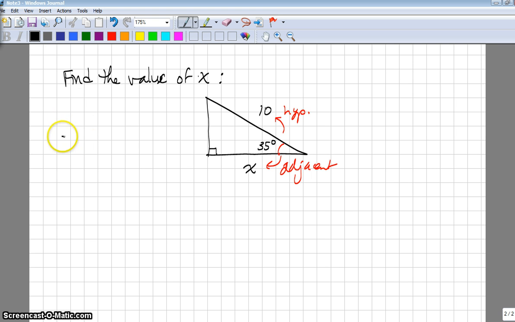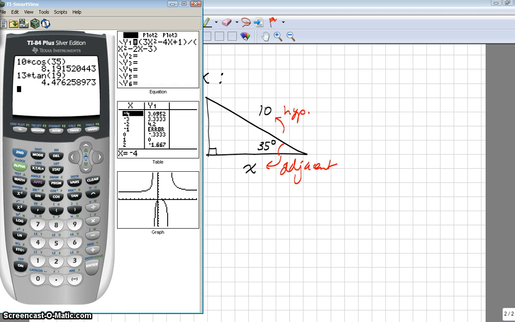It's cosine. So we're going to write an equation that says the cosine of 35 degrees is equal to the adjacent side, which is x, over the hypotenuse, which is 10. And then we solve for x by multiplying both sides by 10. So x is equal to 10 times the cosine of 35 degrees.